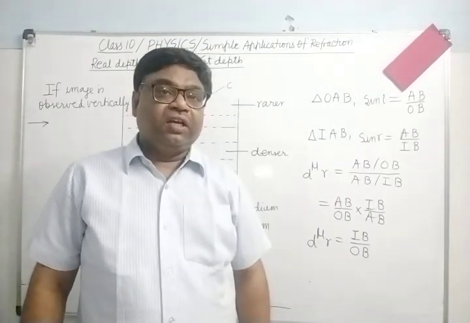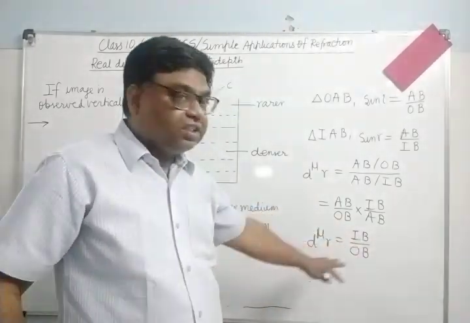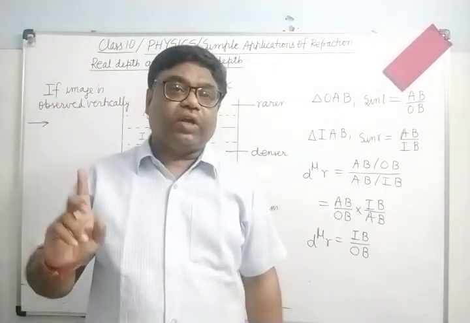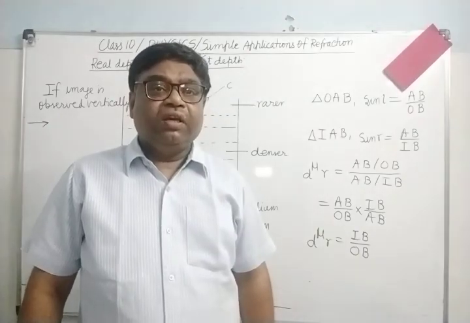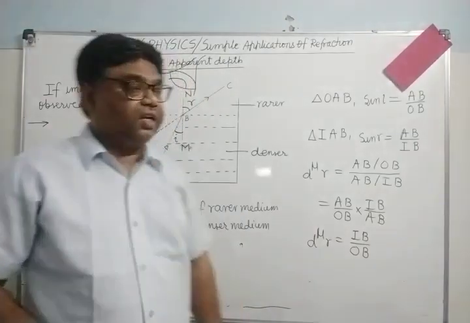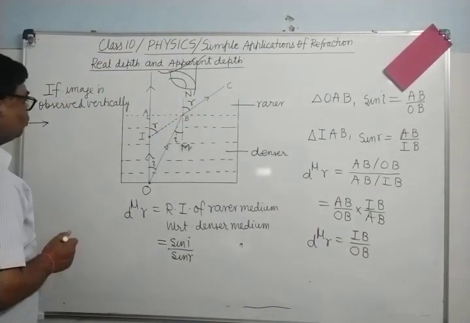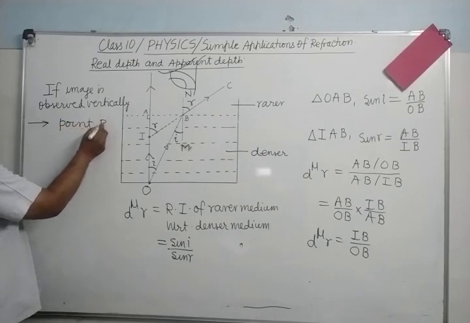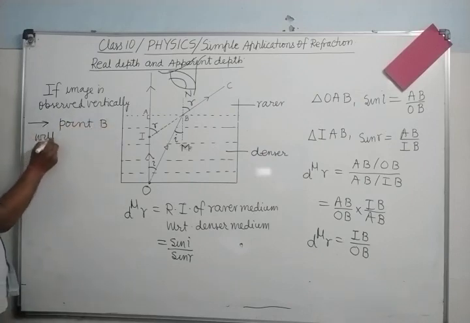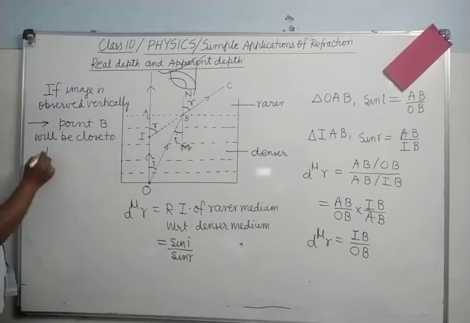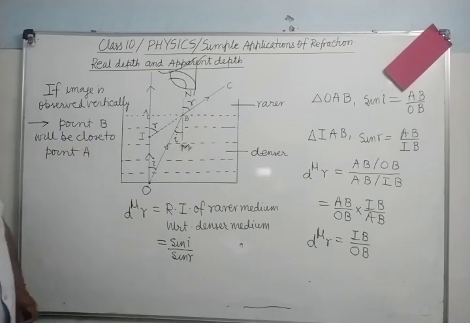In this relation there is no approximation, but the relation which we are going to get after that will be based upon the fact that the image is being observed vertically. So when the image is observed vertically, point B will be close to point A.